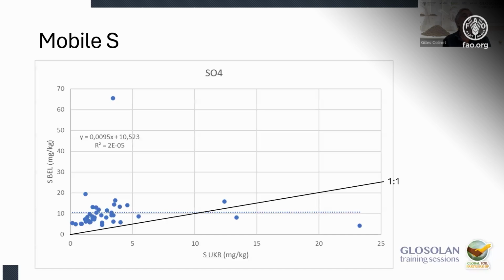Maybe there are some dissolved or colloidal forms of sulfate or phosphorus that could explain the fact that we measure more. Yeah, sure, it must be investigated. Maybe we should do more tests on that.